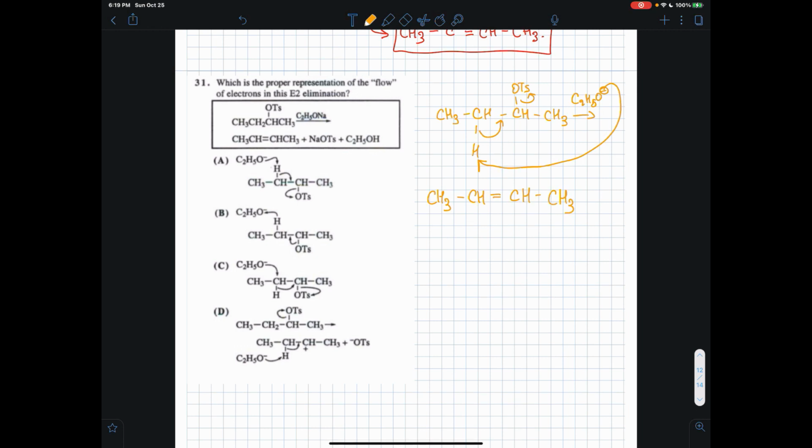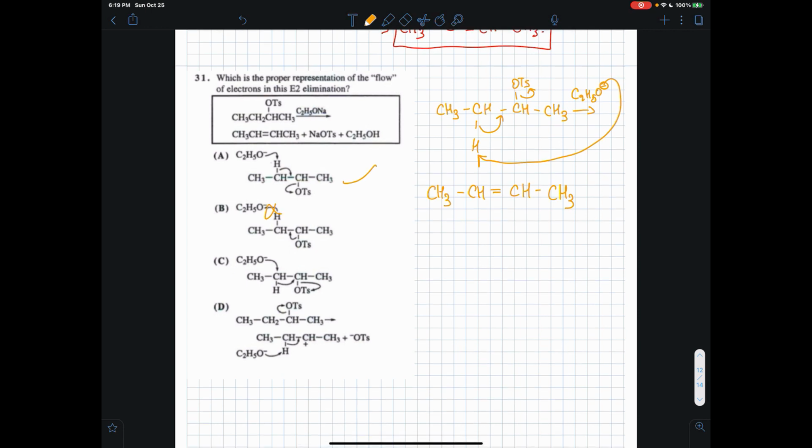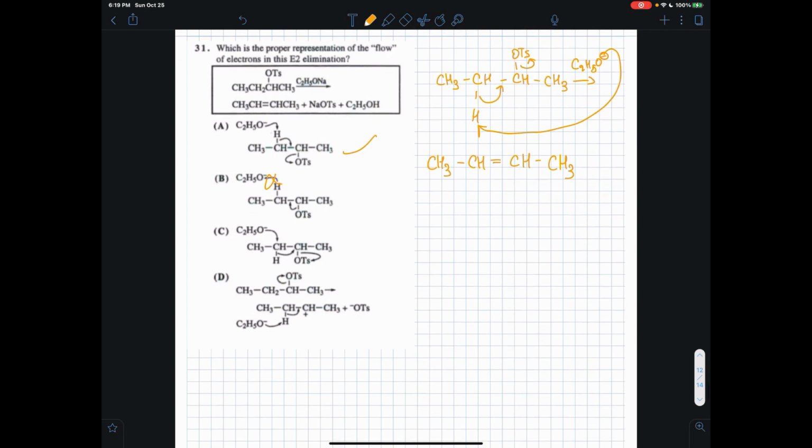So now looking at this, which is the proper representation of the flow of electrons in the E2 elimination? They grab with the negative, so this is correct. This is one of the options, so let's keep going. This is super wrong, because how's the hydrogen that's partially positively charged going to grab the negative? That's not possible at all. Yeah, this is just wrong. Now the second thing is this O minus attacks here and forms an OCH3.